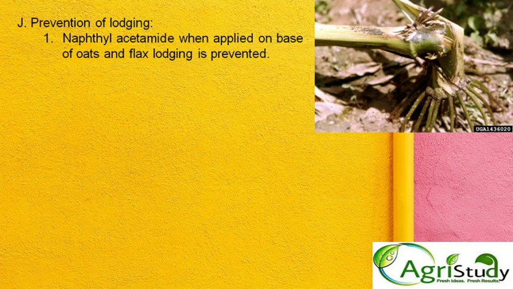The weedicide 2,4-D is very effective in dicots, but not much in monocots. Here, lodging is a problem in oats and flax, and by applying naphthyl acetamide, one of the auxins, they prevented the lodging condition. This is helpful in some cases.